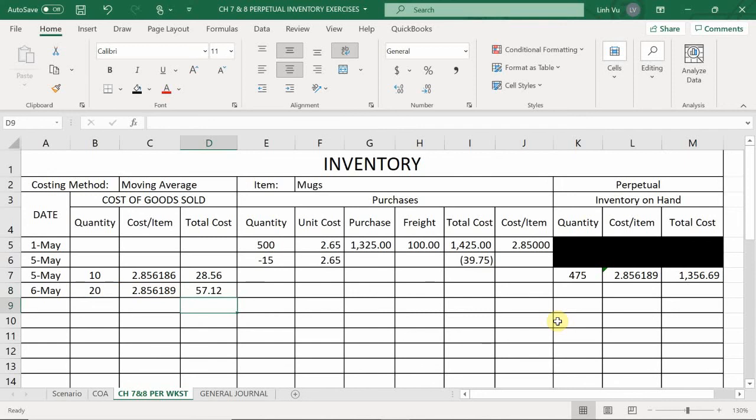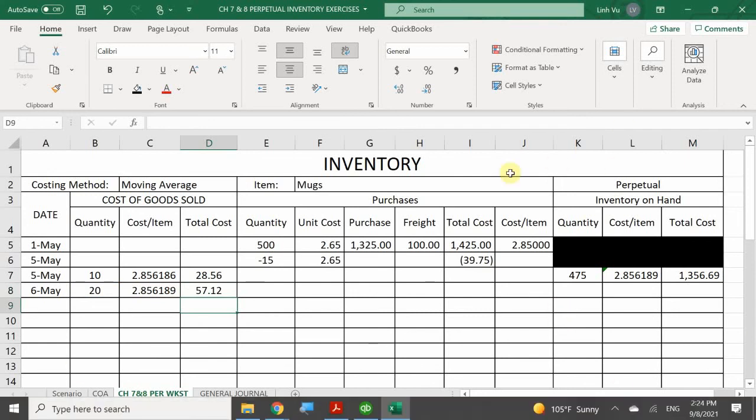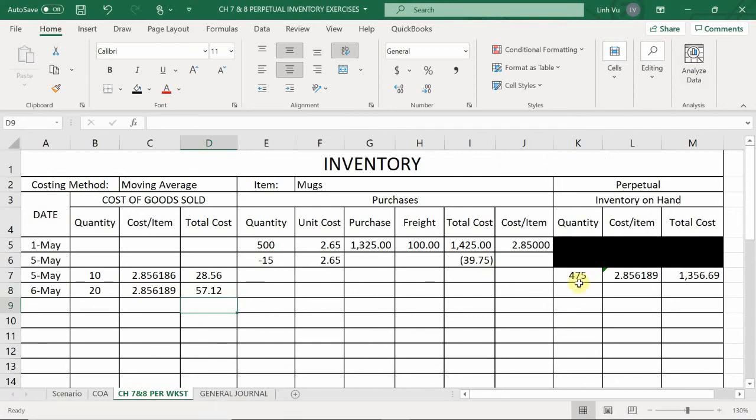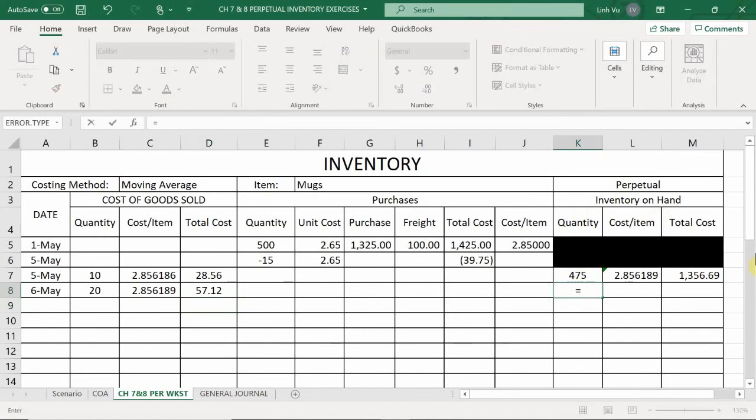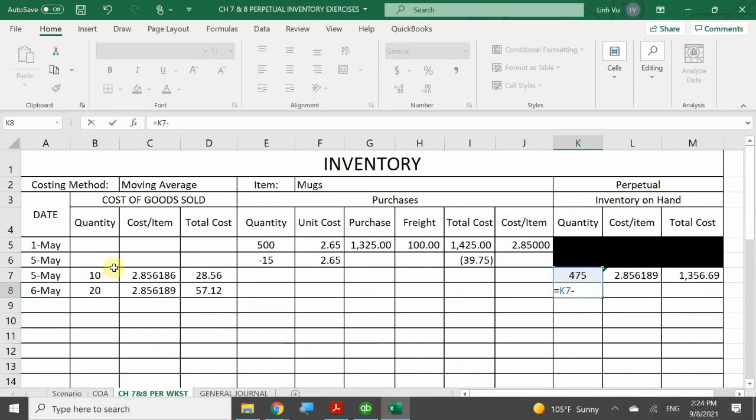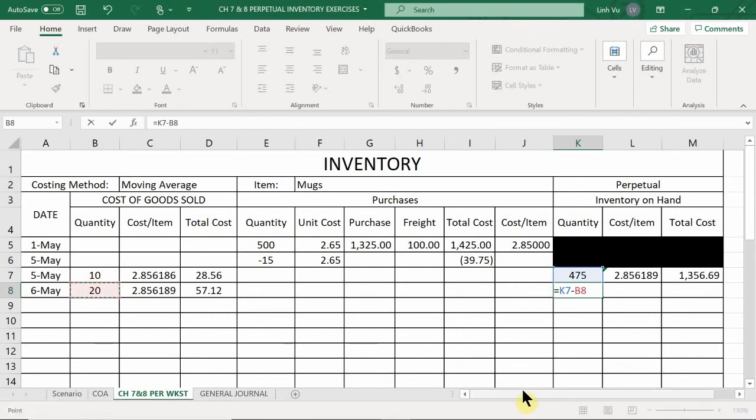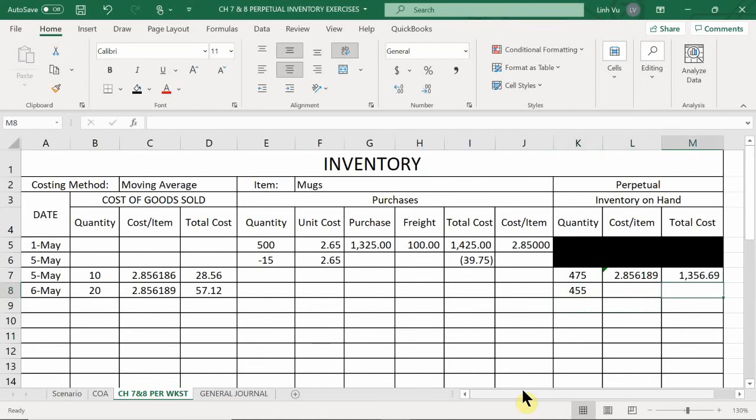Good, 57.12. Now we need to update our inventory to reflect how many mugs we still have available. What's my new quantity after selling 20? 455.